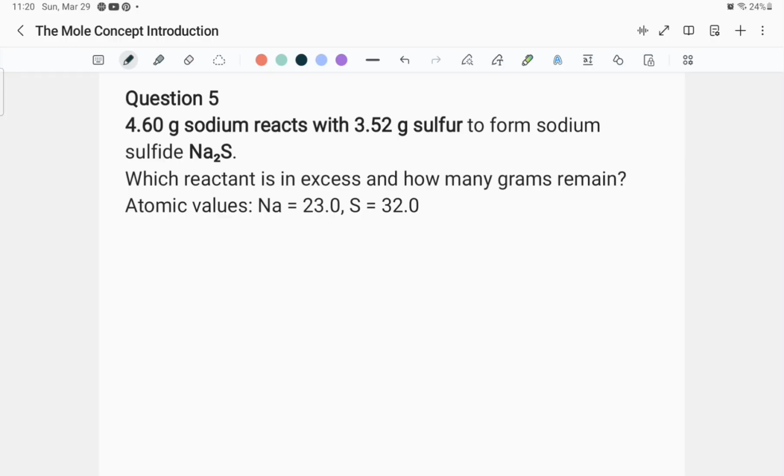In order to approach questions like this, we could use mole calculation to know which reactant is in excess. How we do this is firstly by finding the number of moles of each reactant.